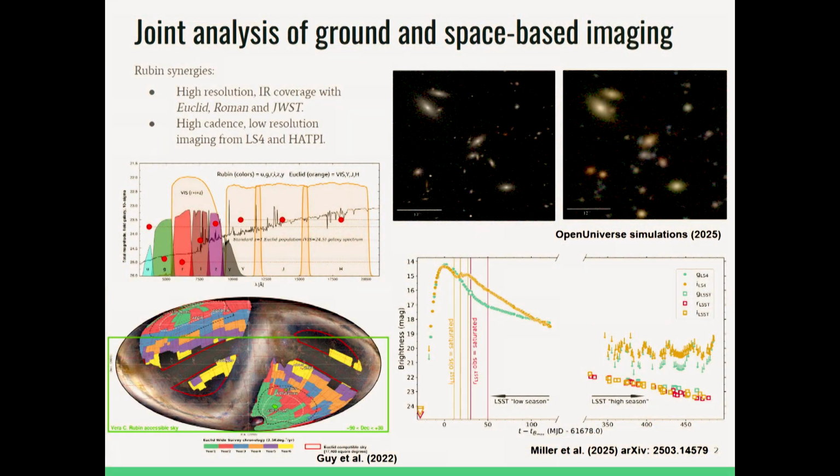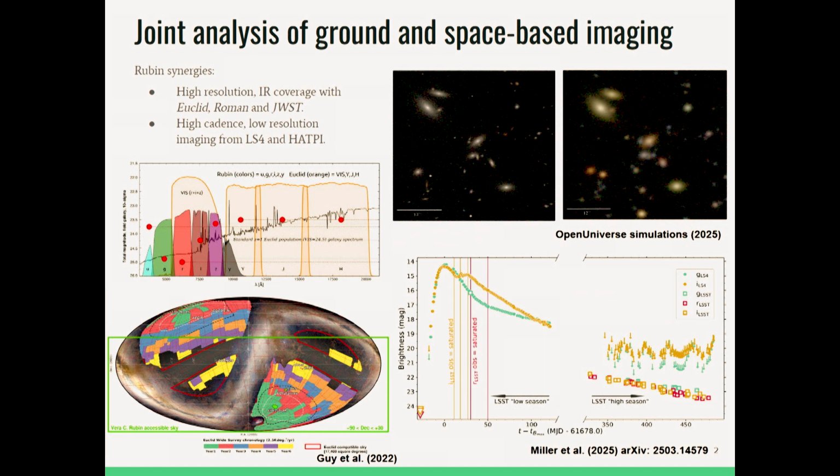So the context for this work is that Rubin will be providing us with great time-resolved and very deep data, but we can push this even further by jointly analyzing data from Rubin with complementary surveys. And I think of these in two categories. The first is we have high-resolution space-based imaging from Euclid, Roman soon, JWST, which helps us push the wavelength coverage into the infrared.